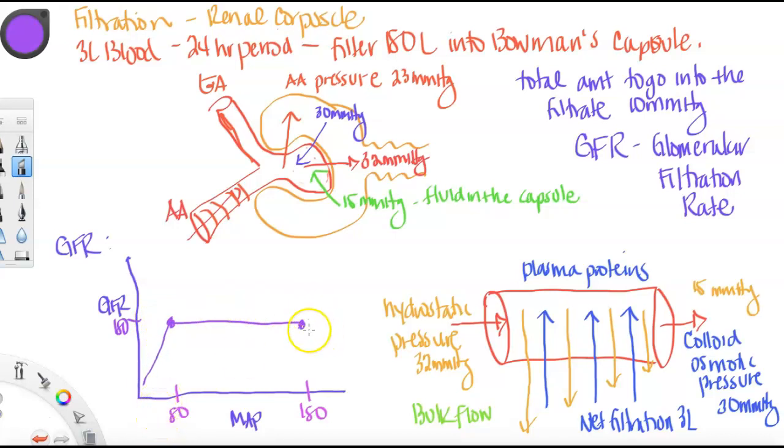If we get above 180, glomerular filtration goes up. But there is no change from here to here. It can keep that 180, that glomerular filtration rate, steady within that huge range. So how does it do that? There are mechanisms that allow for this to happen. That's what we're going to talk about in the next video.